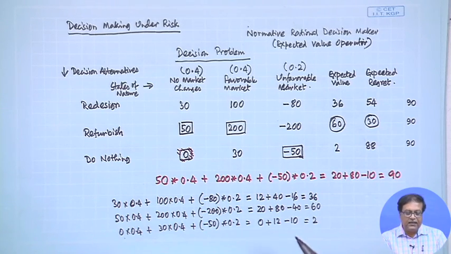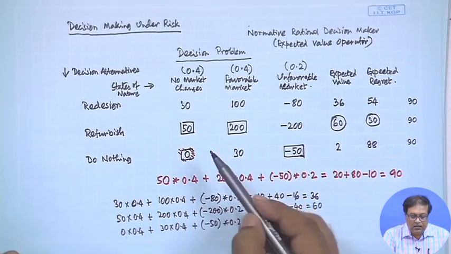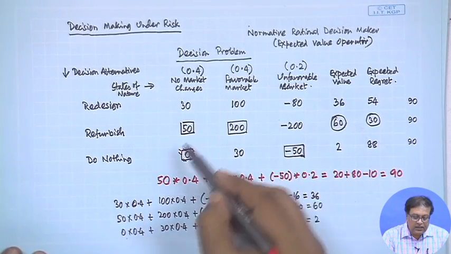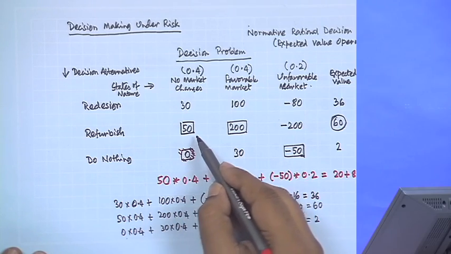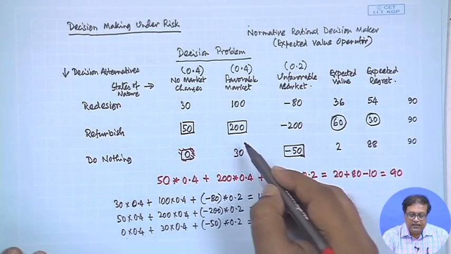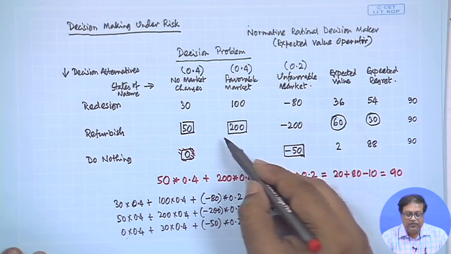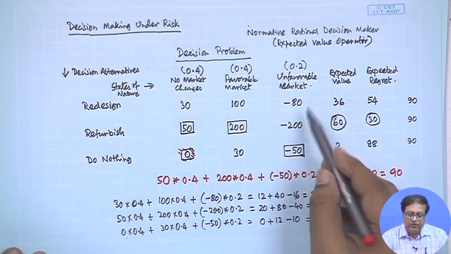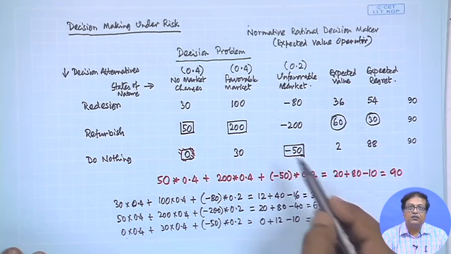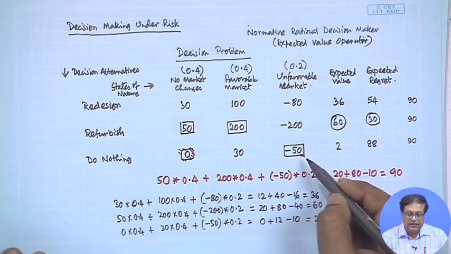Let me repeat once again that under perfect information, a person would have gone for refurbish because that is where it gives a maximum payoff of 50, then would have gone for refurbish once again in case of favorable market, and would have gone for do nothing in case of the unfavorable market situation.